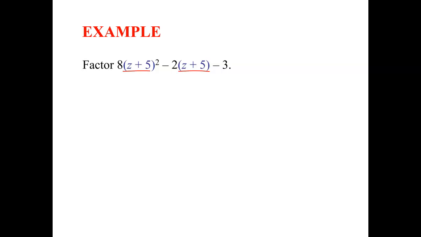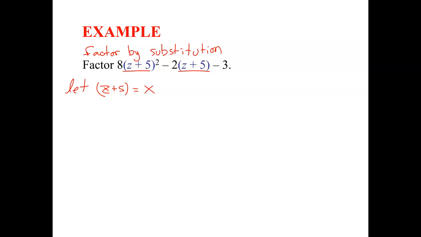What we're going to do is factor by substitution. We're going to pretend and let z plus 5 equal x. And what that's going to do is take that equation and make it a whole lot easier to deal with, a lot easier to factor.